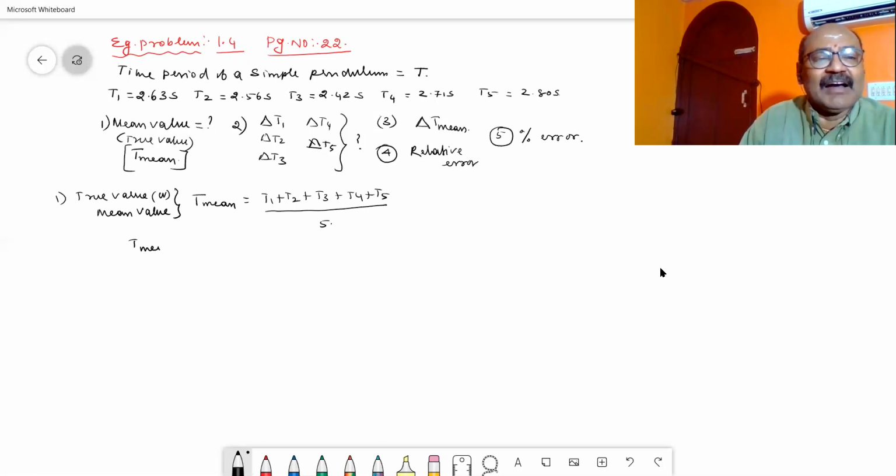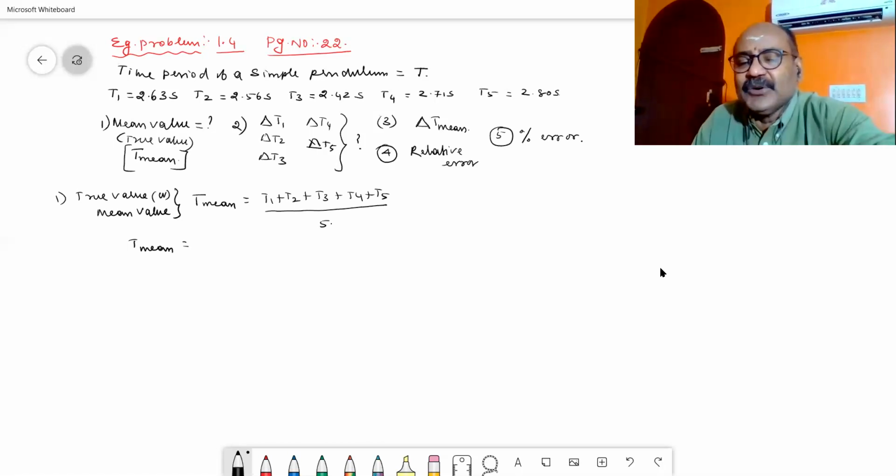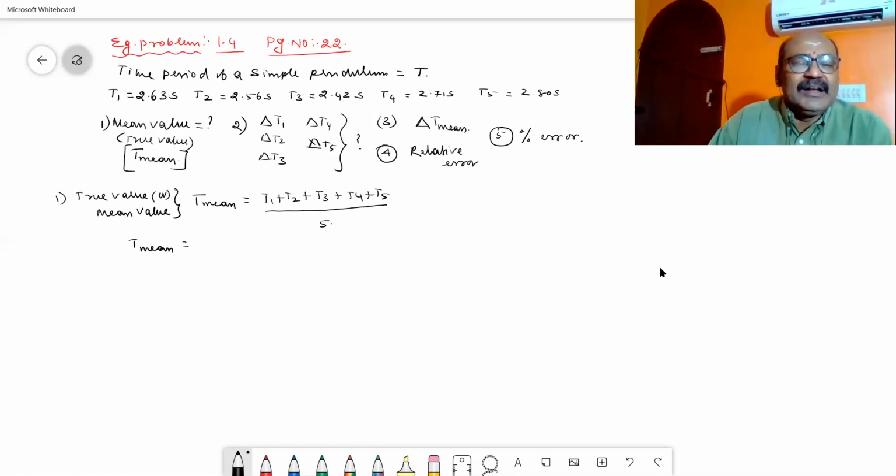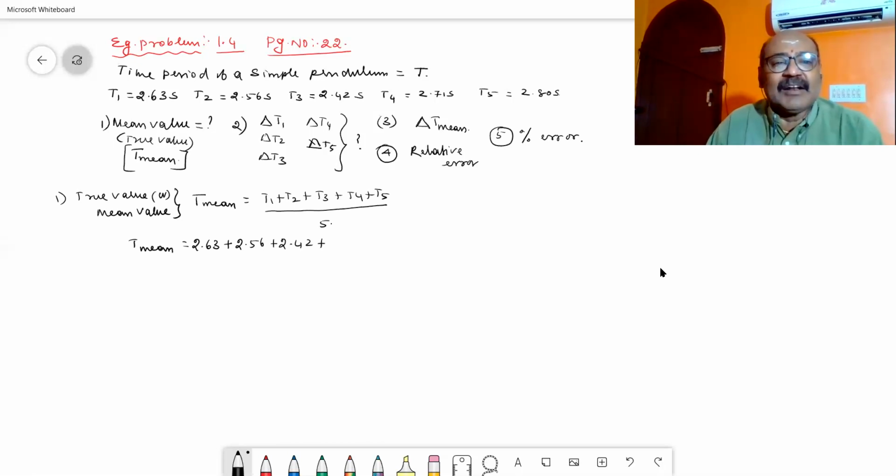T mean is equal to 2.63 plus 2.56 plus 2.42 plus 2.71 plus 2.80, whole divided by 5.